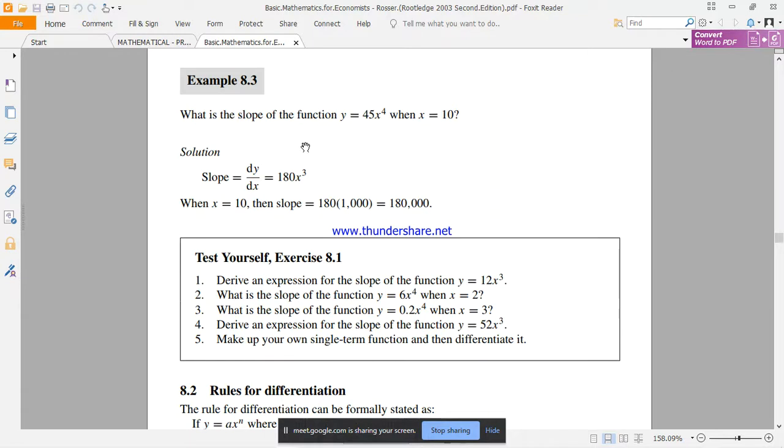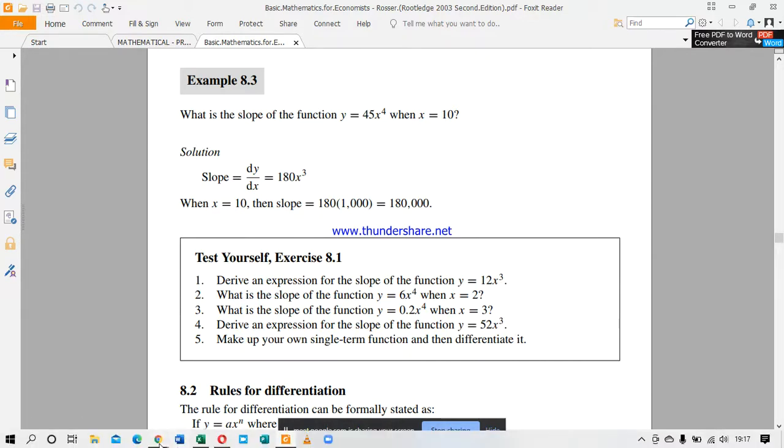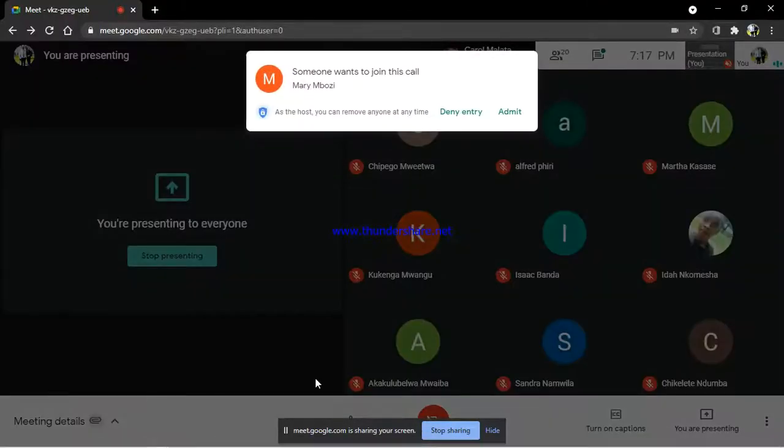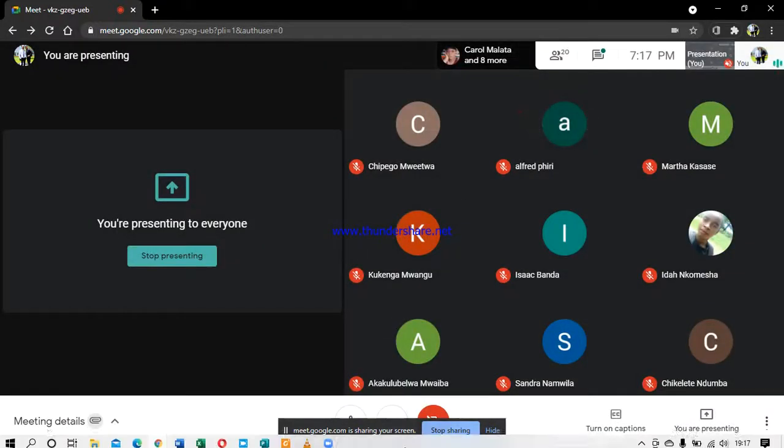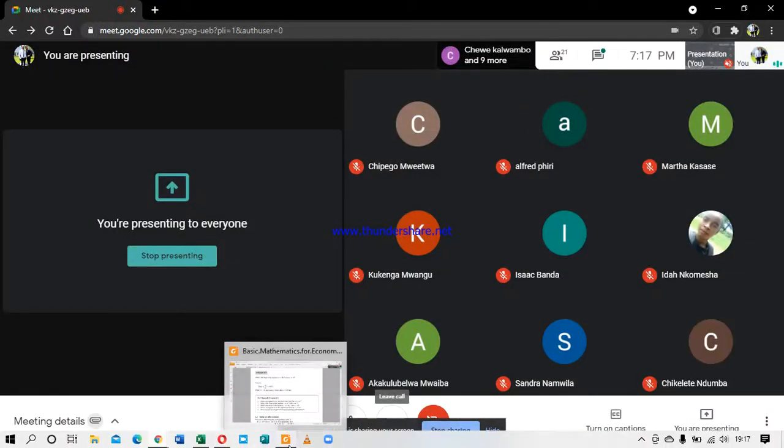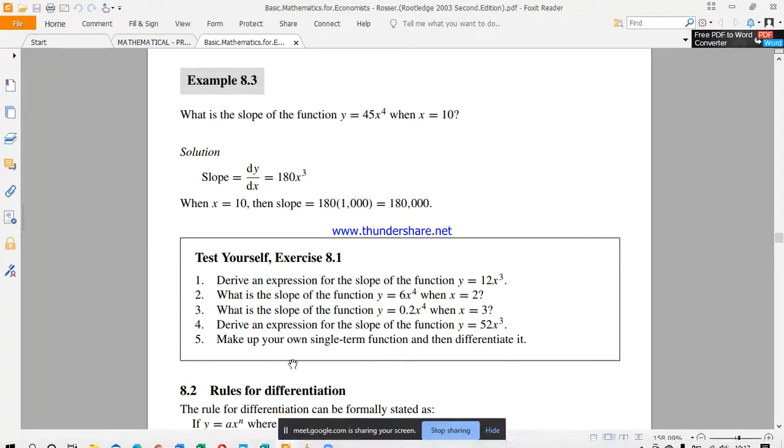Whenever they're asking about slope, they are asking what is the change in y if x changes by 1 unit. That is what the slope is all about: the change in y per unit change in x, or the average change in y per unit change in x.